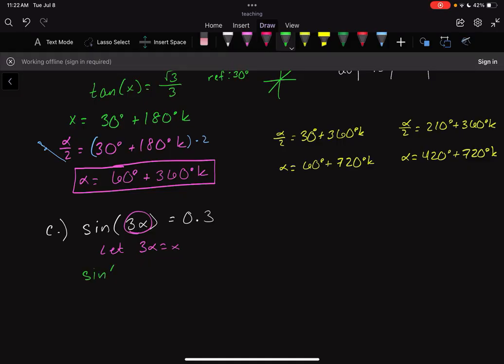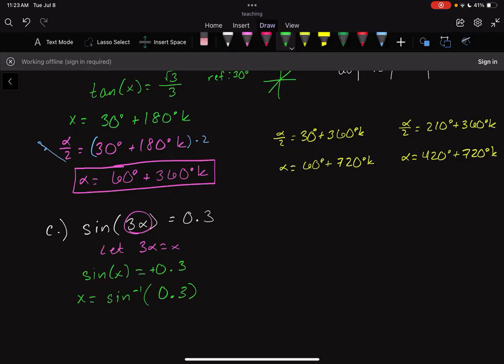Then I would get sine x equals 0.3. There is nowhere that we know of in our table or in our little unit circle that sine is equal to 0.3. So I have to use the inverse function for this one. Again, I don't usually like to use the inverse function because I like to structure this class as no calculator as much as possible, but sometimes it can be helpful.